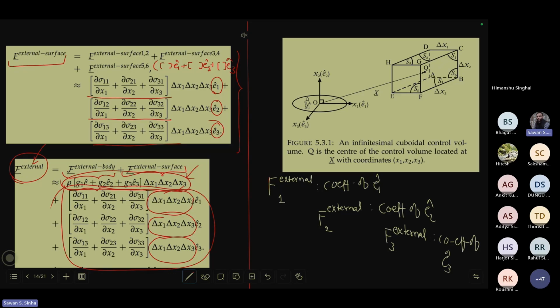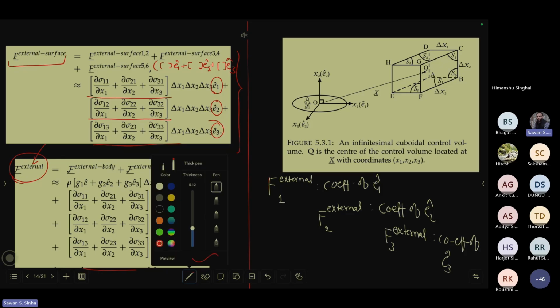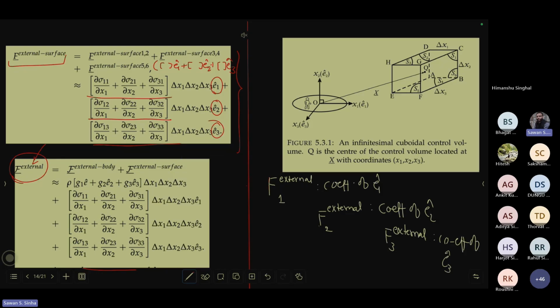So out of this expression, using this assortment of terms, I can now extract F1 external, which will be what? Coefficient of E1. One contribution comes from this, and the other contribution will come from here. E1 is missing here.